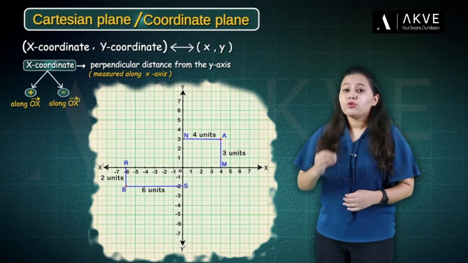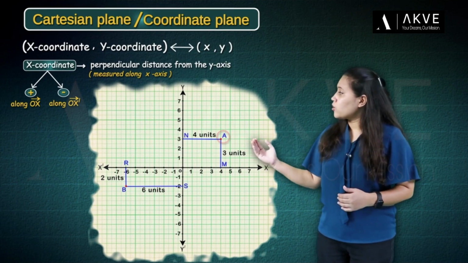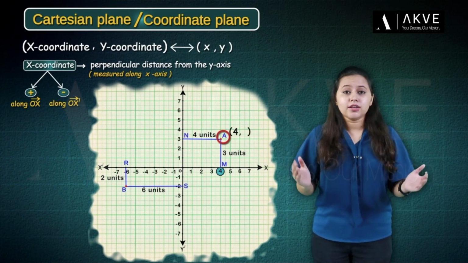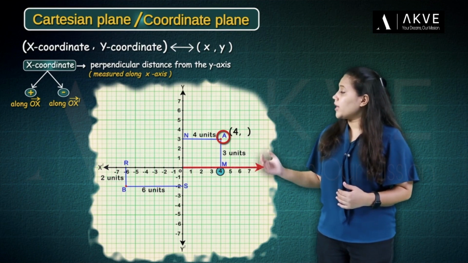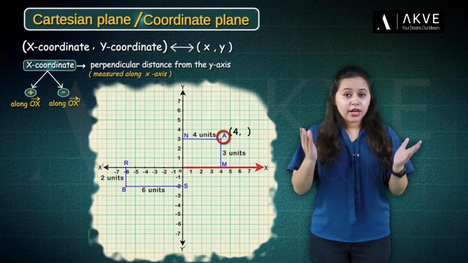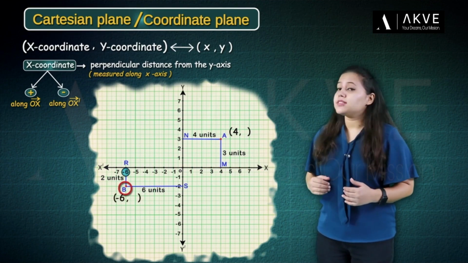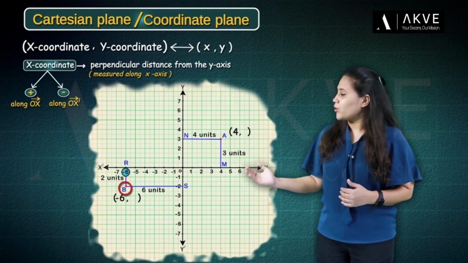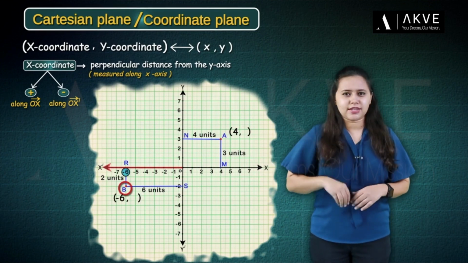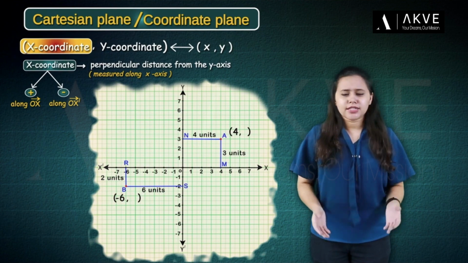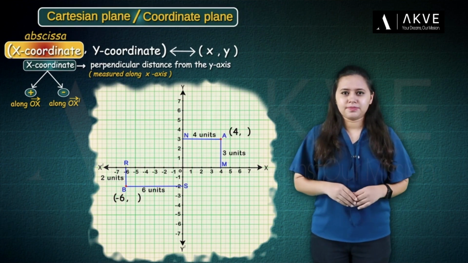Like here, for point A, the x-coordinate is +4 because it is along the positive direction of the x-axis. And for B, it is -6 because it is along the negative direction of the x-axis. The x-coordinate is also called abscissa.